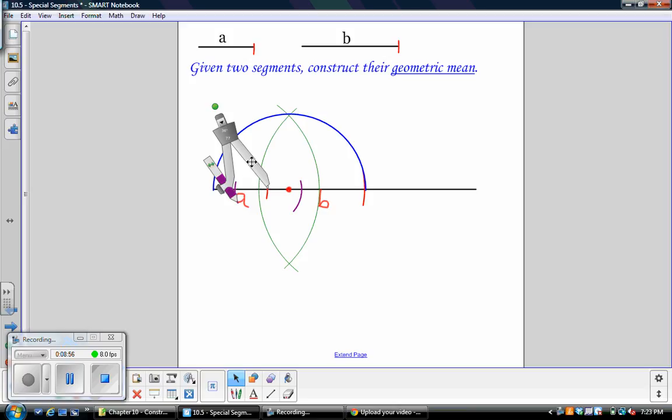Then I'm going to make this a little bit bigger. Swoop down, flip around, same setting. Take and draw that.